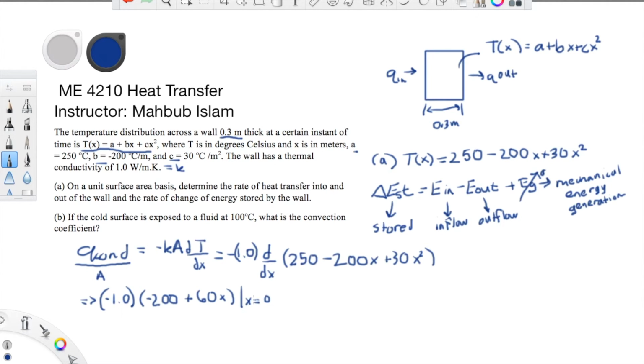And at position x equals 0, as indicated here, heat is transferred into the wall. And that gives us our energy inflow being 200 watts per meter squared.